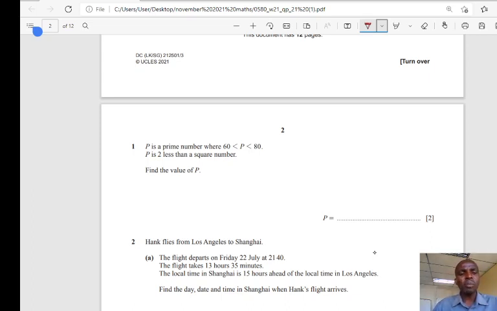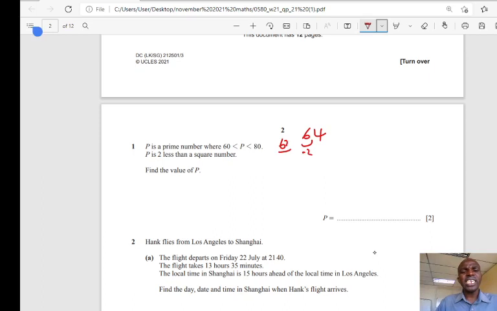Right, first part, we're being told that P is a prime number. So it's supposed to be a prime number between 60 and 80, but this prime number must be 2 less than a square number. So you have to work from the square numbers between 60 and 80. What is the square number between 60 and 80? It is 64, which is 8 by 8. If you subtract 2 here, you get 62.